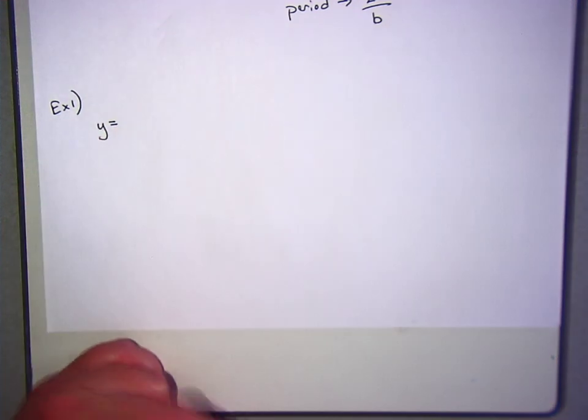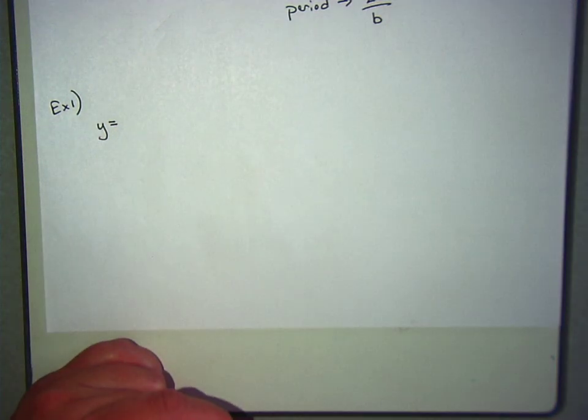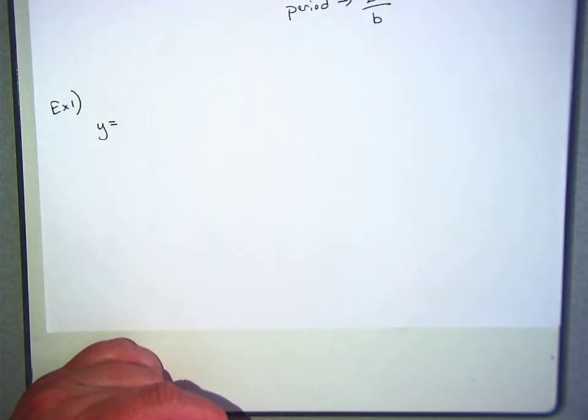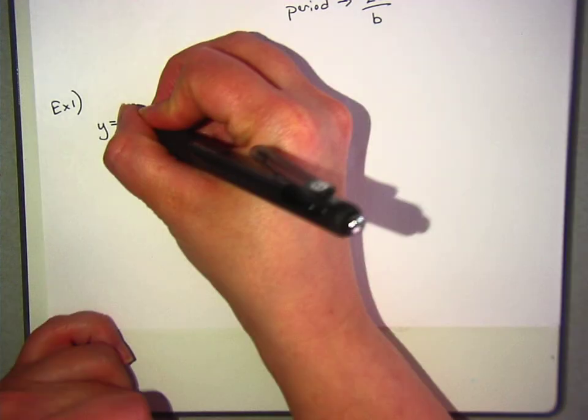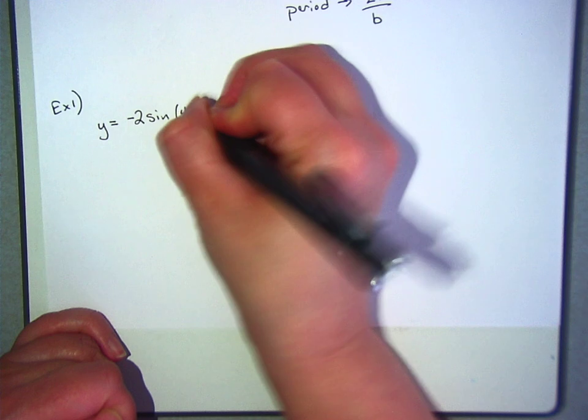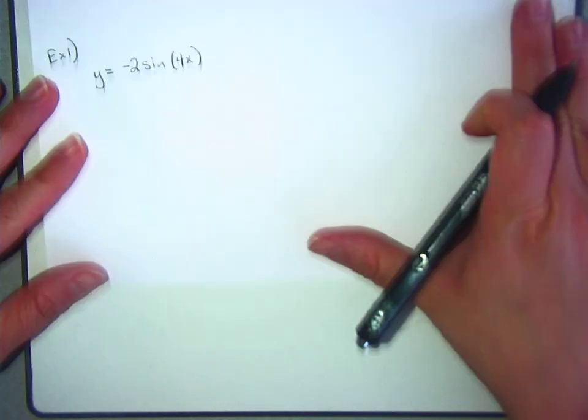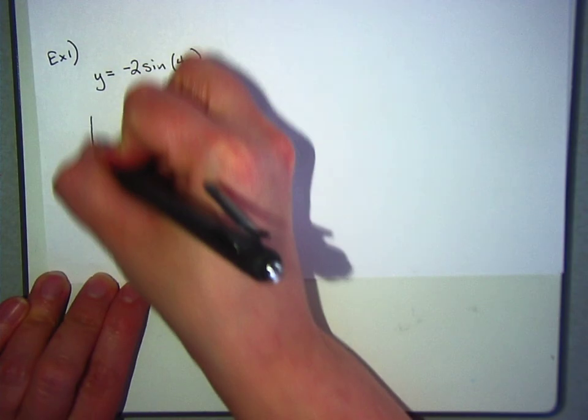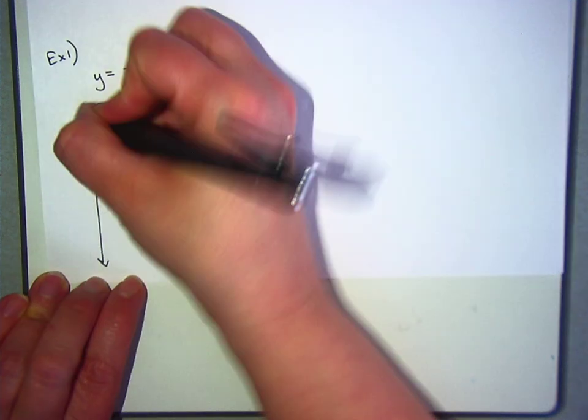All right, let's do y equals -2 sine of 4x. Okay, here's what I want every single graph in your homework to look like.